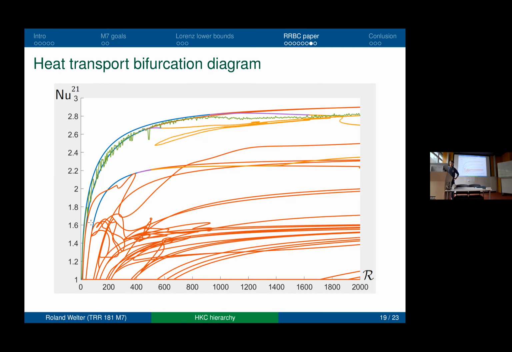And so the story here is that the origin is stable for a very small range of Rayleigh numbers, and then it's unstable, and it's shooting out a lot of other unstable periodic solutions.